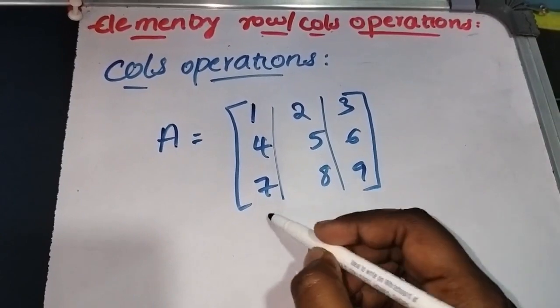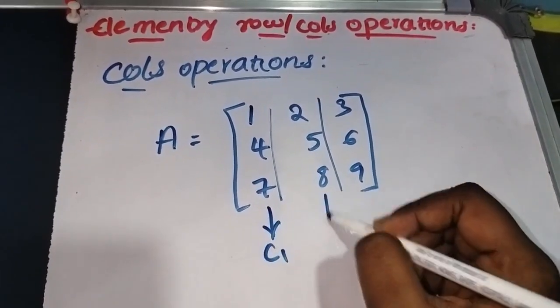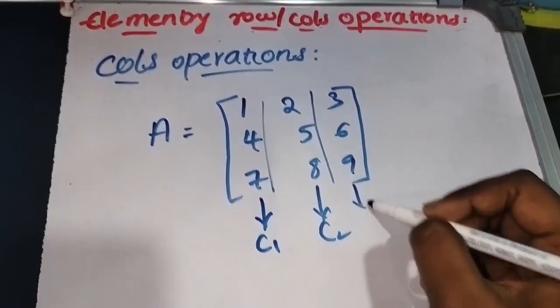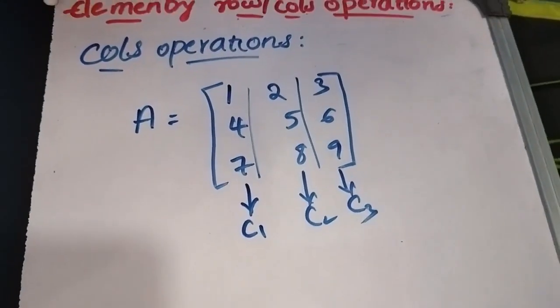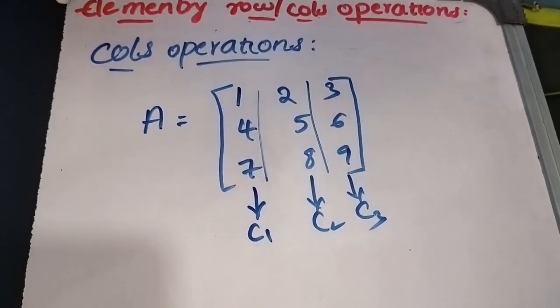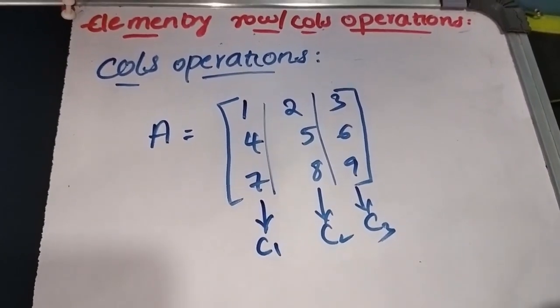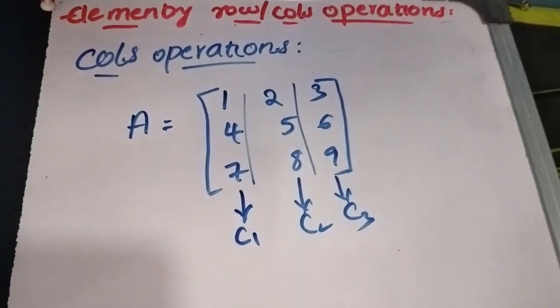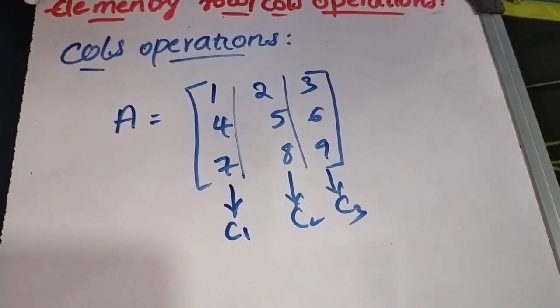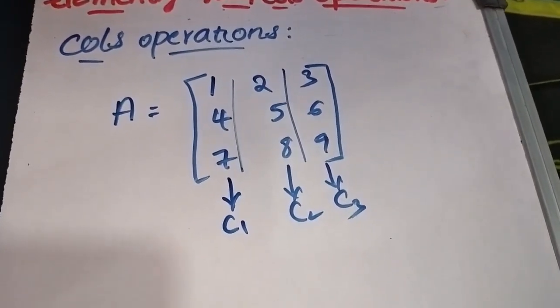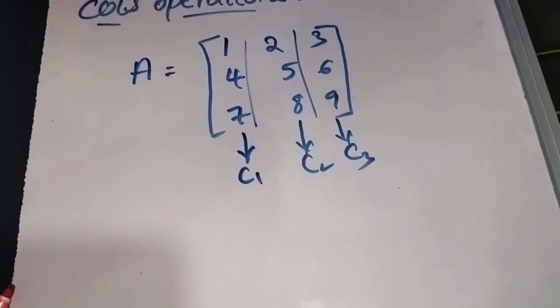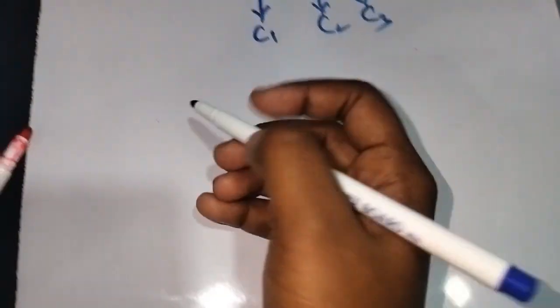Let's take these as column 1, column 2, column 3. These column operations and row operations are the basic form of conversion of matrices. Column operations have some specific cases, which are just similar to row operations.